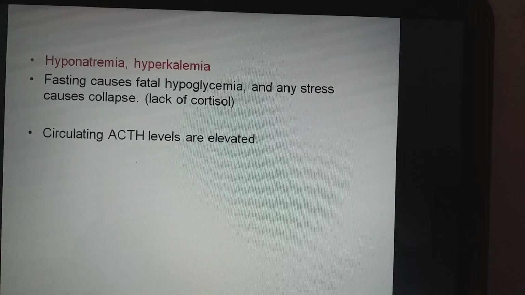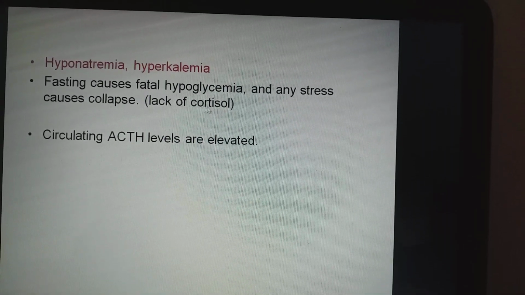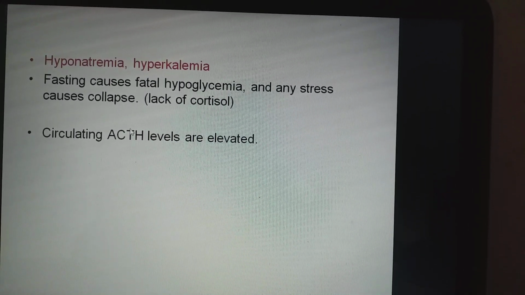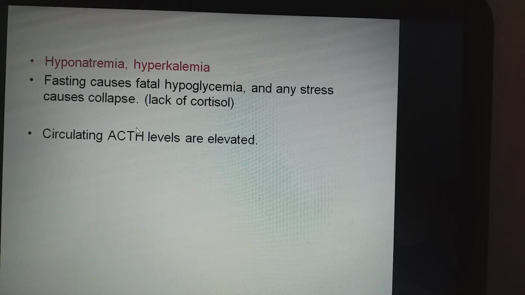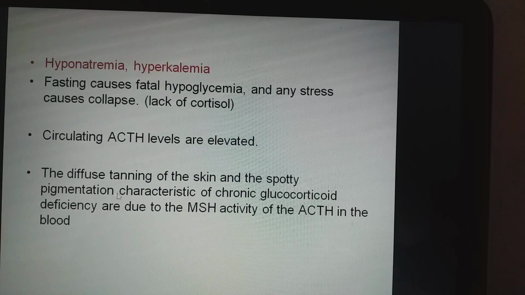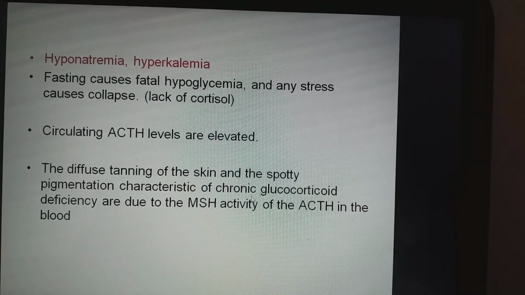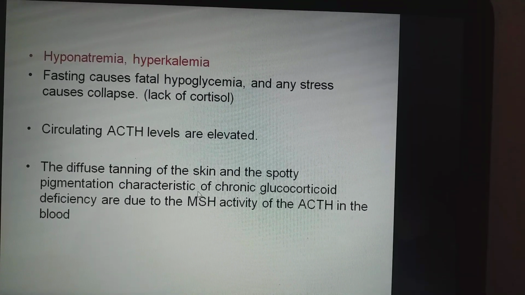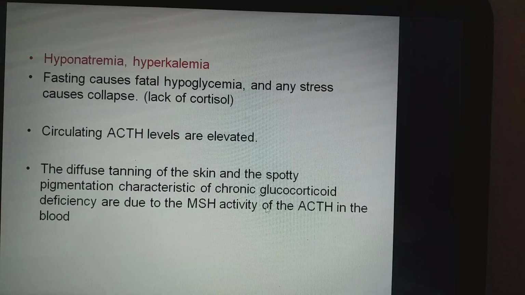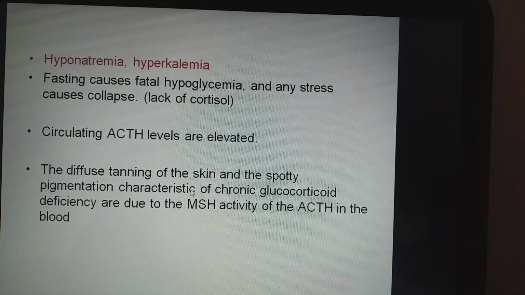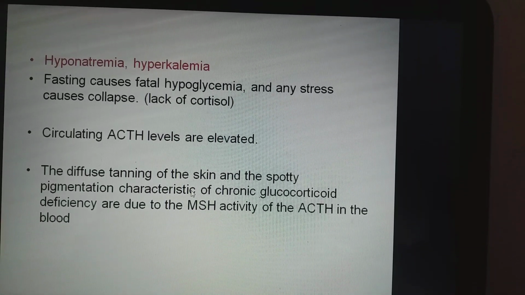And if there is a lower level of cortisol, right, due to the feedback effects, the ACTH level increases, right? And when the ACTH level increases, it can cause pigmentation in the mucosa, the buccal pigmentation, and read on how that happens, right?